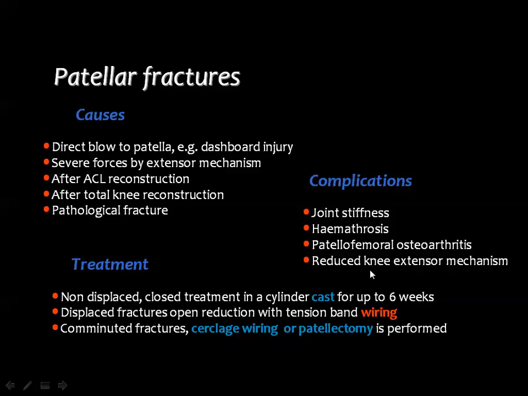The complications of patellar fracture include joint stiffness, hemarthrosis, patellofemoral osteoarthritis, and reduced knee extensor mechanism. The treatment is by cast for the non-displaced fractures, or sometimes by wiring of the fractures.